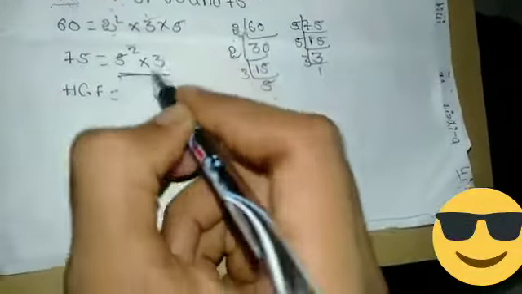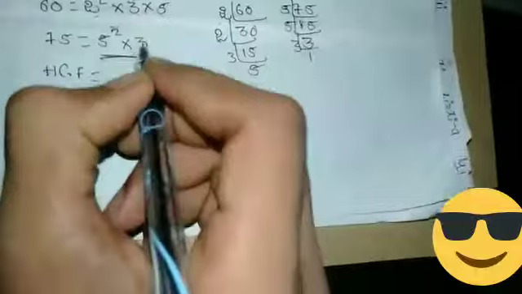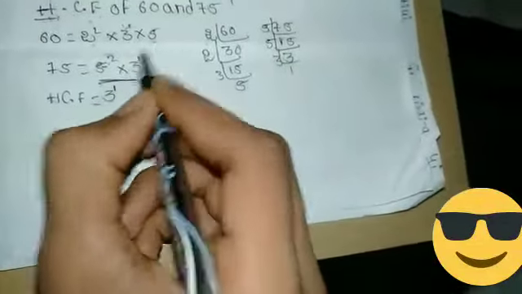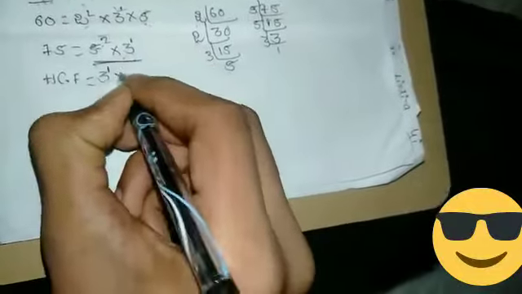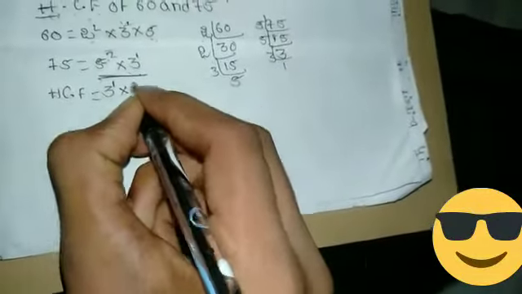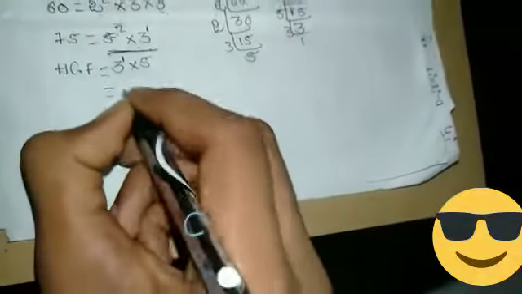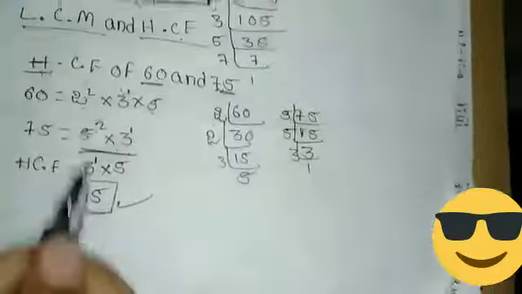Which is least, that we want to take. 3 power 1 and 3 power 1, so we will take 3 power 1. 5 square and 5, which is the least power? 5 is least, so we will take 5. HCF is 3 fives, nothing but 15. HCF of 60 and 75 is 15.